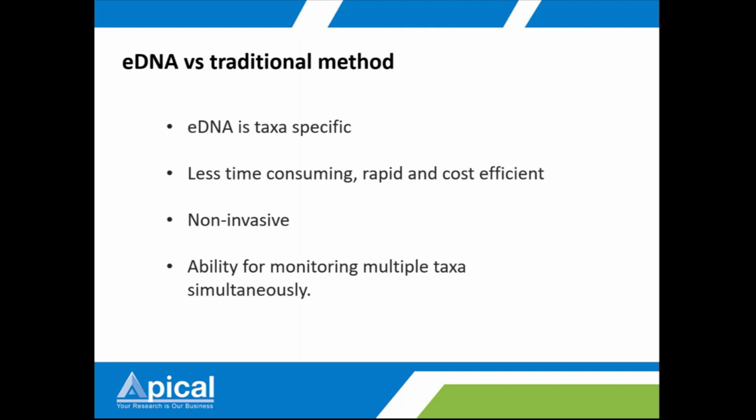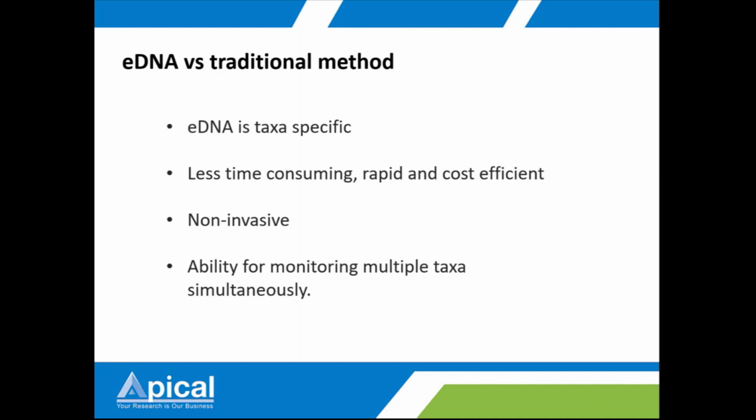For example, if you want to study the fish in a certain spot of the ocean, you have to rent a boat, go there for a few days, capture the fish, and release them. Or sometimes the fish might die when captured. That's what we call an invasive method. It's very time consuming, very expensive, and takes a long time to complete the process of monitoring the species and the environment.